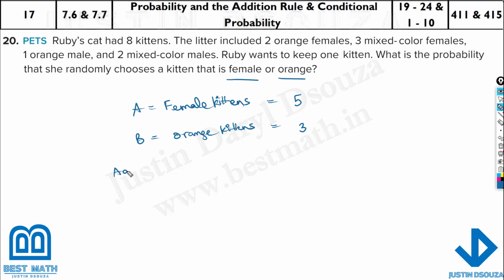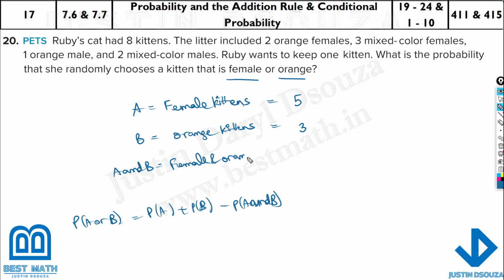Now A and B, we need A or B. See, the probability of A or B is given as probability of A plus probability of B minus probability of A intersection B, or A and B. So now we need to know what A and B is, isn't it? What we want is female and orange, which are female and orange kittens.